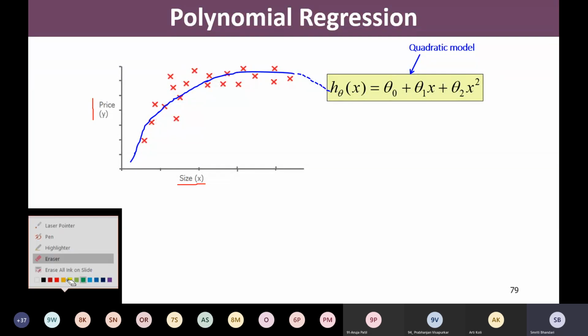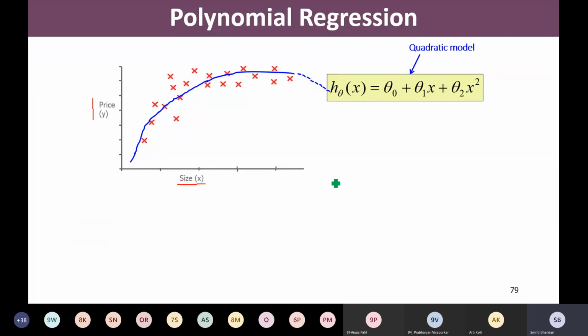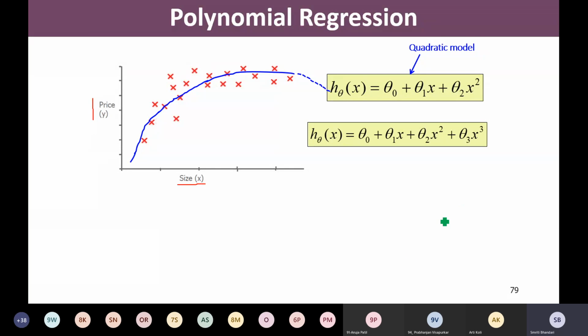So as we have stated that this quadratic model is not even good for us for this particular problem, can we think of a model like this with the hypothesis h theta x equal to theta 0 plus theta 1 x plus theta 2 x square plus theta 3 x cube? Right? So this is our cubic model, because we have one term which is a cube of my feature.